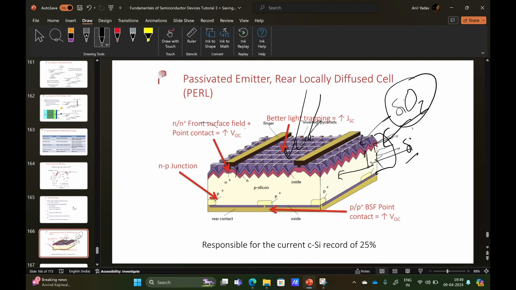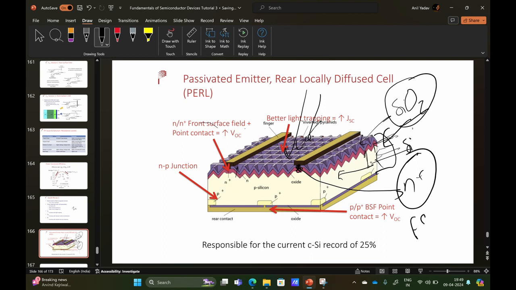This is N type now, so it is reducing holes recombining at this surface. This part is N plus, which is the front surface field, FSF.